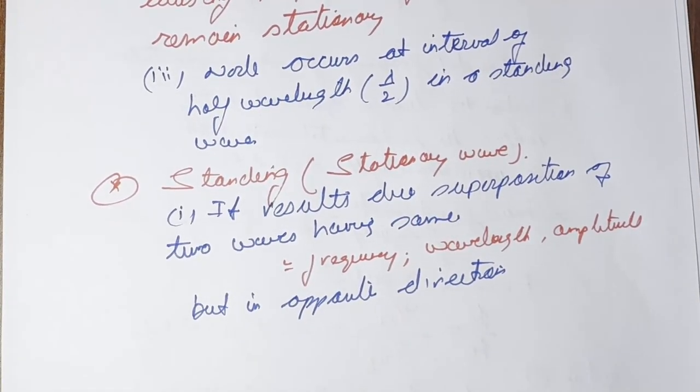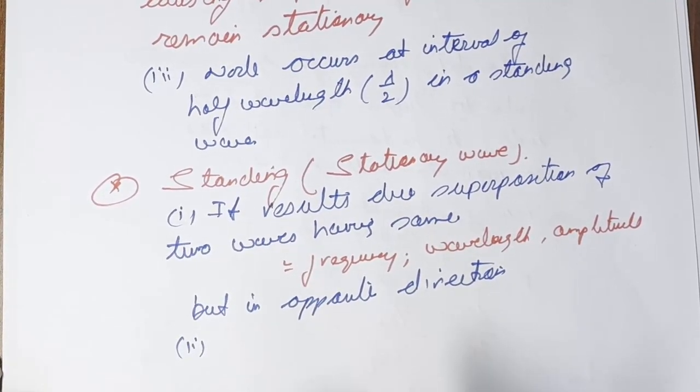Now we come to the name: why is it called a standing wave? It appears that the wave is standing still, but actually it oscillates in its particular place without propagation.